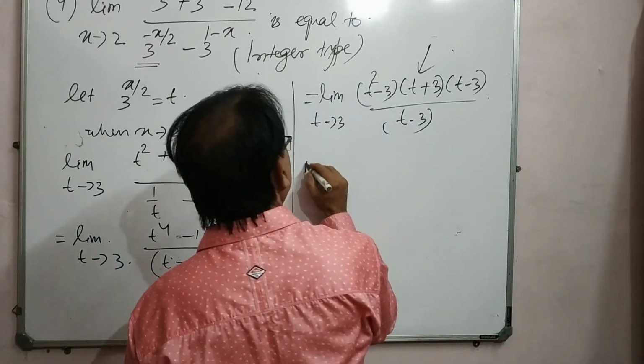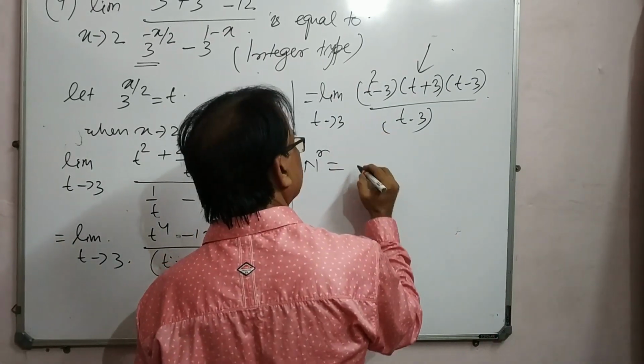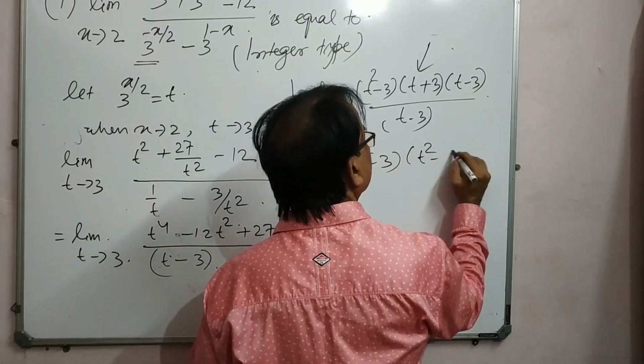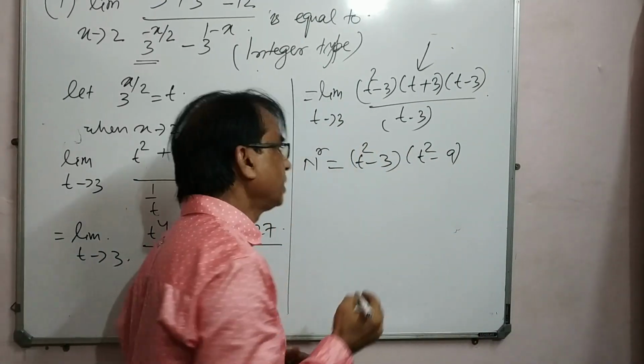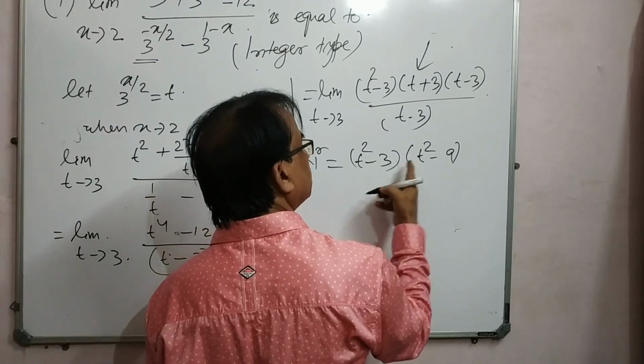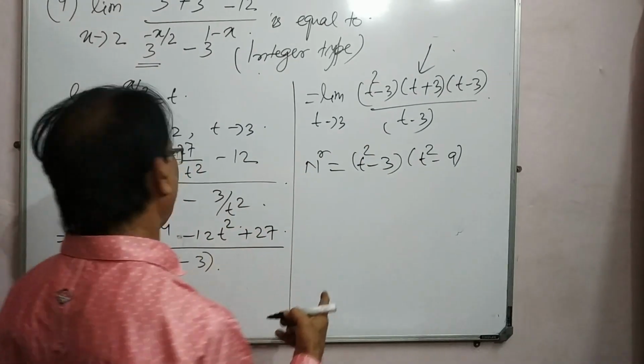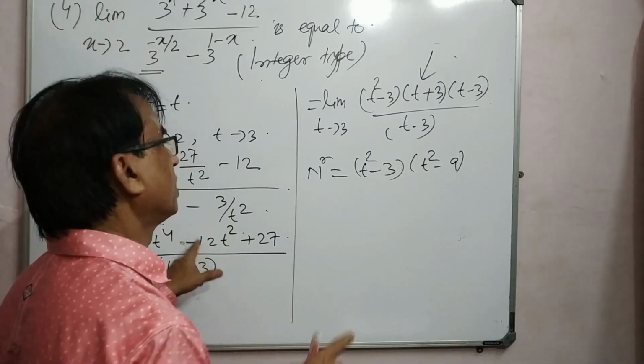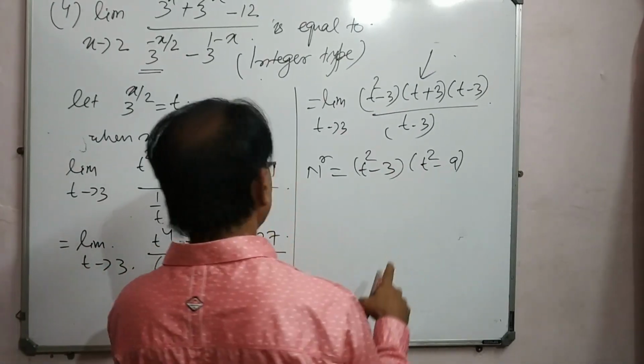If you see the numerator, it is (t square minus 3)(t square minus 9). You have an identity. What you are getting here is t square into t square, t to the power 4, minus 3 minus 9, minus 12 t square, minus 3 into minus 9, 27.